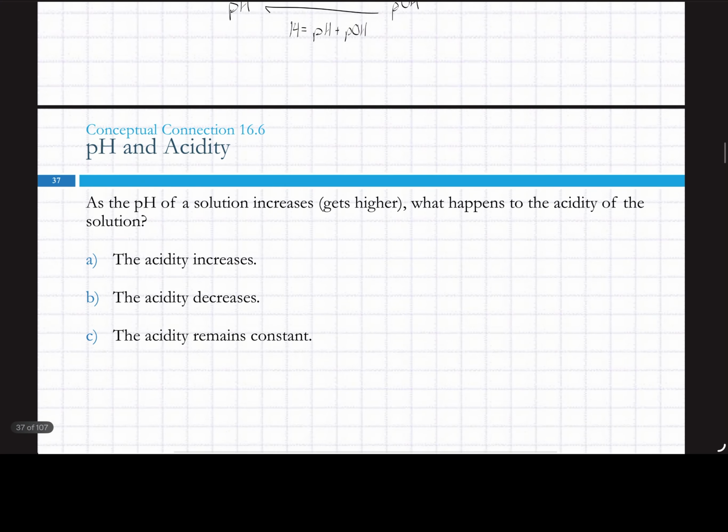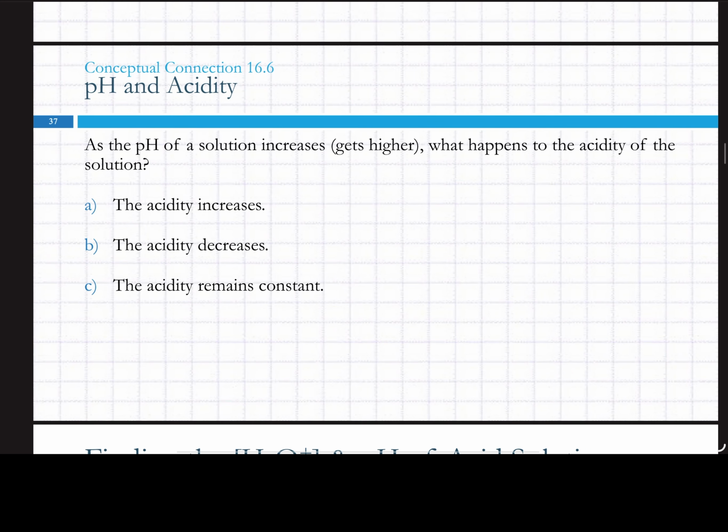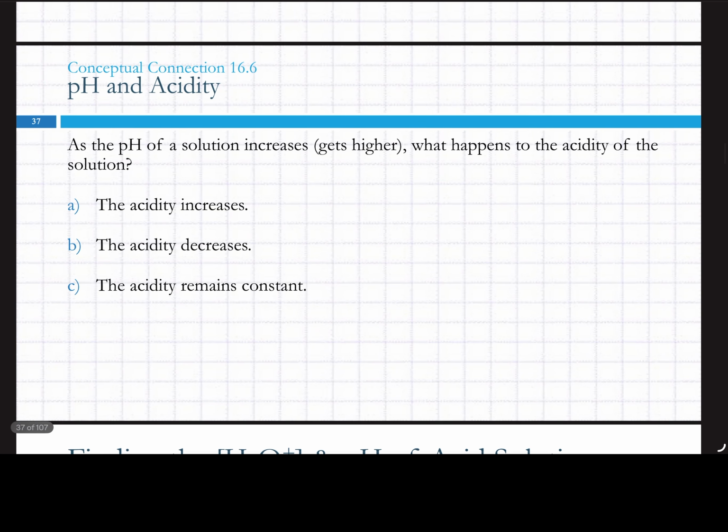All right. If the pH of a solution increases, gets higher, what happens to the acidity of the solution? I feel like this is a trick question. Actually, I really just don't like the way this is worded.